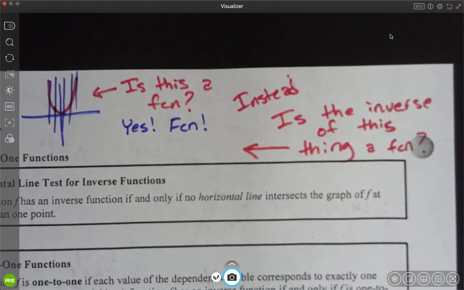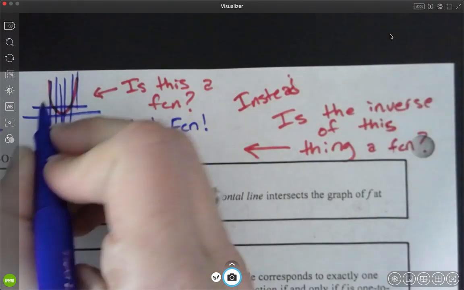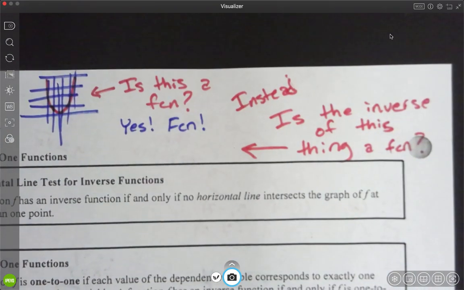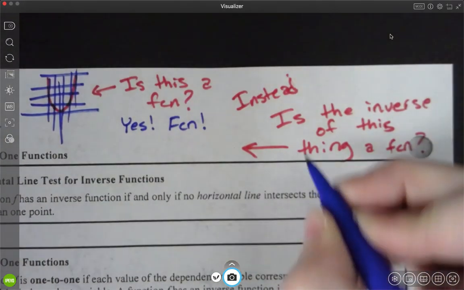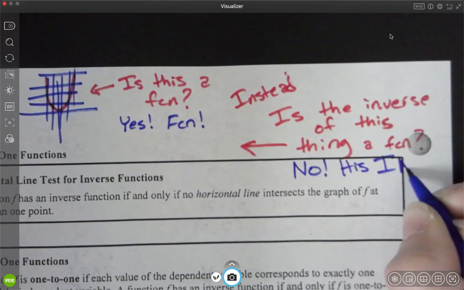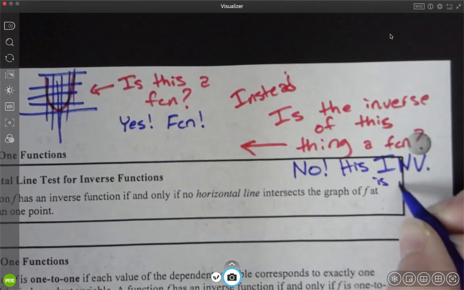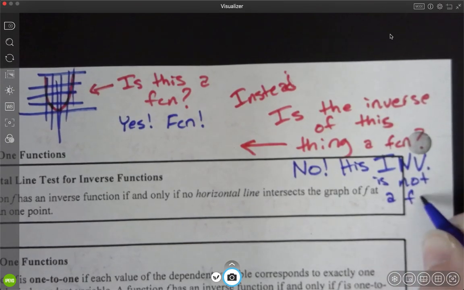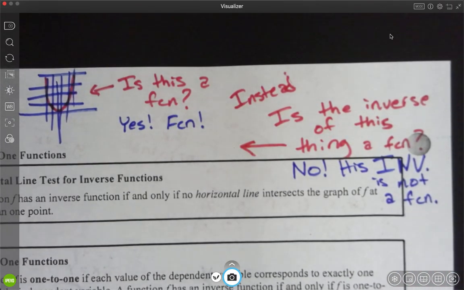What I can do instead is the horizontal line test, to determine if its inverse is a function, right? So if I do the horizontal line test, does it pass? No. So no, its inverse is not a function. Does that make sense? Okay.